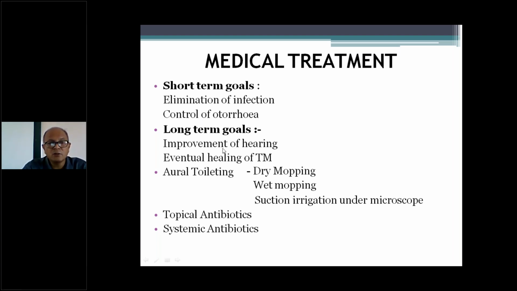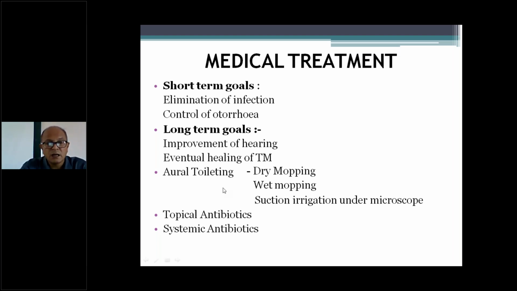And the long-term goal is definitely surgical, and there are two things we plan here: one is aiming at eradicating the disease, and second is creating a hearing, to try to improve the hearing.